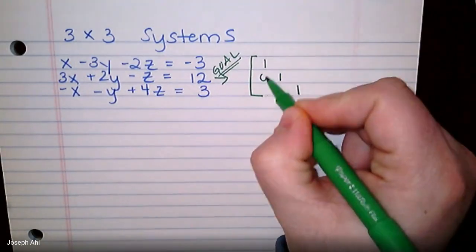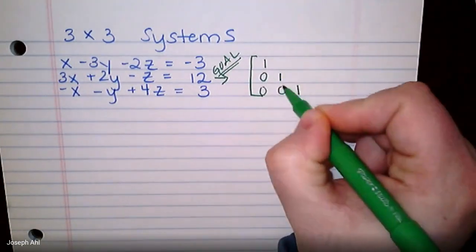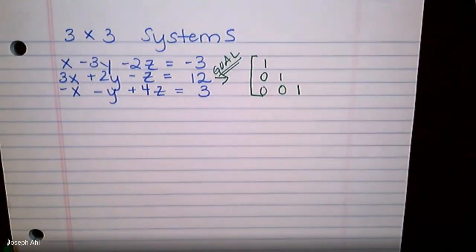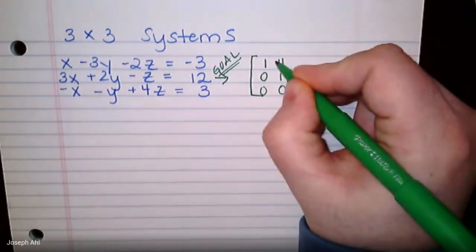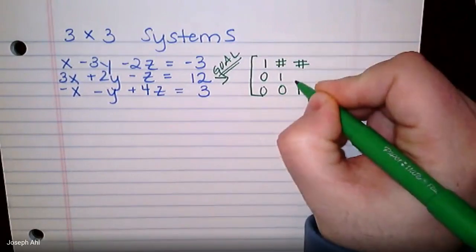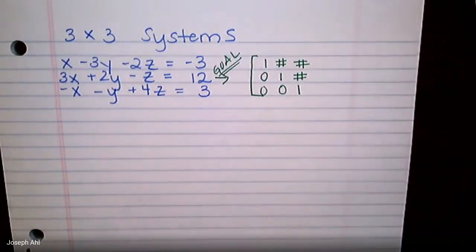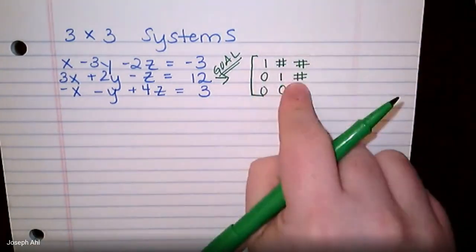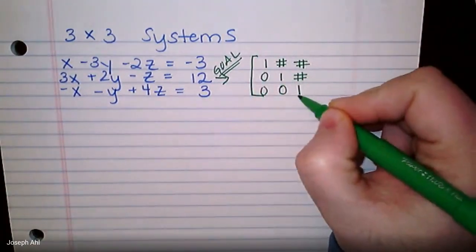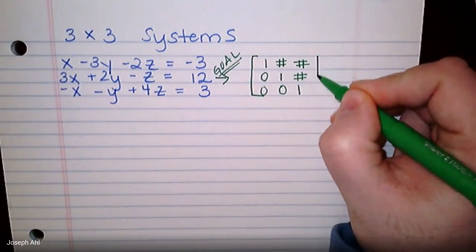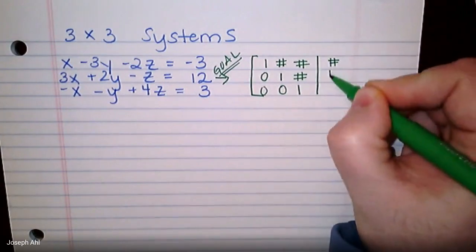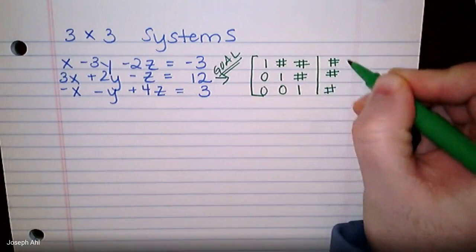Underneath those ones, we want a series of zeros. Above the ones, you can have any old numbers. Doesn't matter what numbers are there, because when we get to this point in the process, as long as this last bottom row says 0, 0, 1, there's going to be numbers on the other side of the wall.